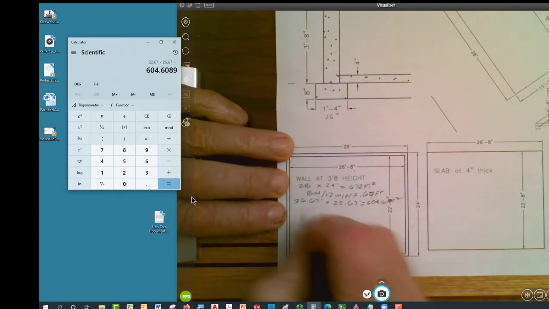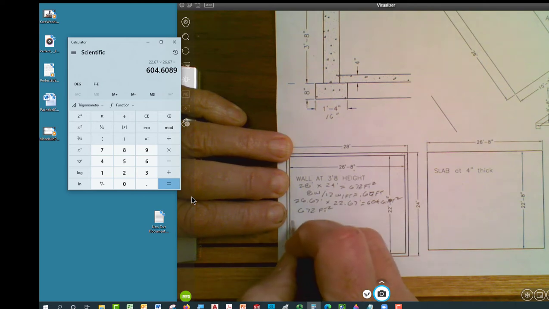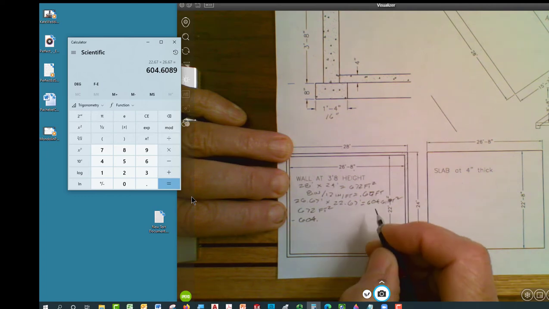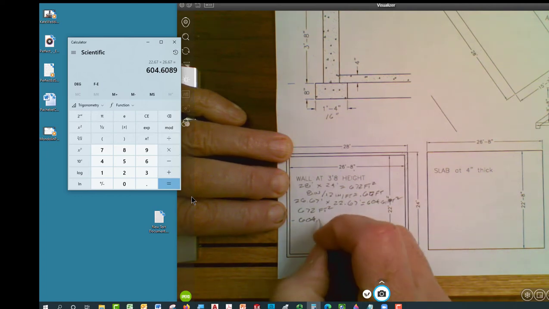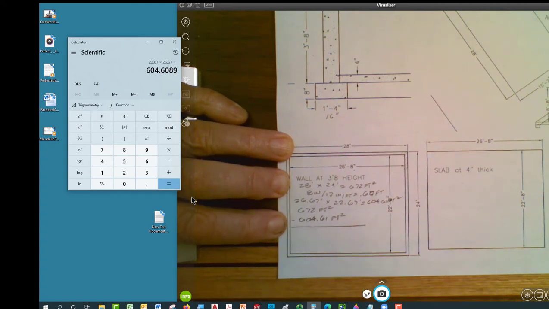Now I'm going to subtract those two numbers. We're going to take 672 square feet and subtract 604.61 square feet from that, and then we'll have a total.